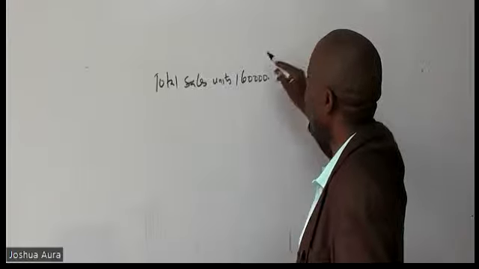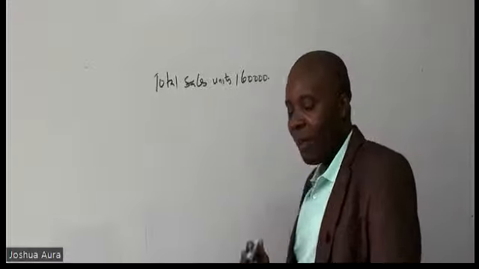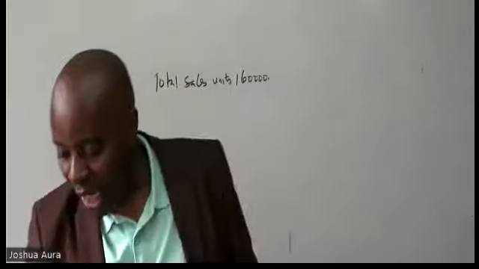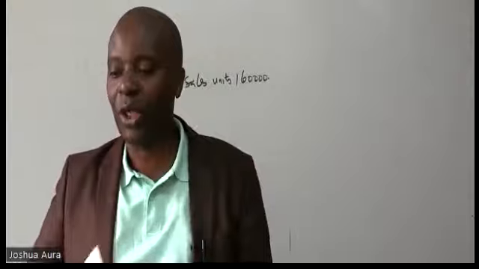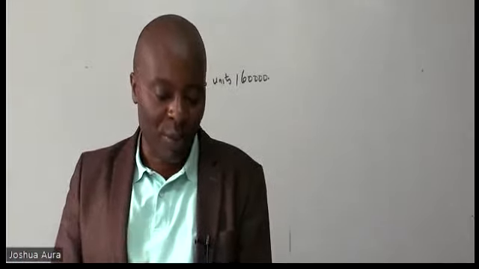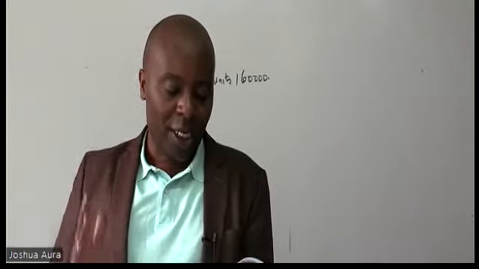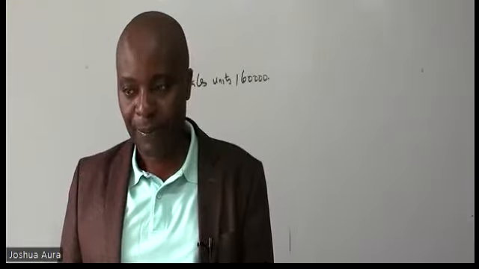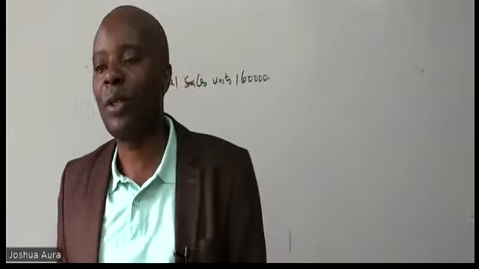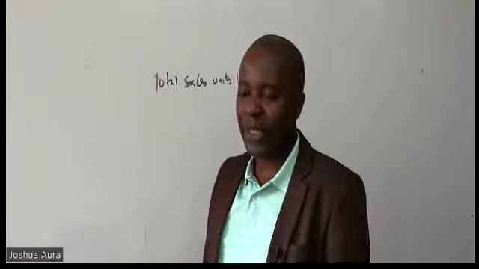So we have here, total sales is 160,000. Where am I getting these total sales units? I'm getting the total sales units from this table given. They told me number of units here are 120,000 for A, and then B is 40,000. So this total sales, if you add 120 plus 40, gives us 160,000.